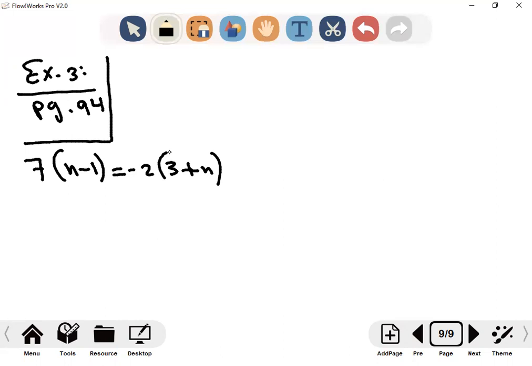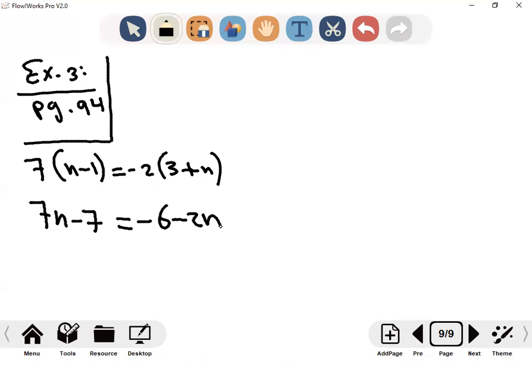So let's get rid of the parentheses first. Here, 7 multiplied by n is 7n. 7 multiplied by negative 1 is negative 7. The equal sign comes down. Negative 2 times 3 is negative 6. Negative 2 times n is negative 2n.